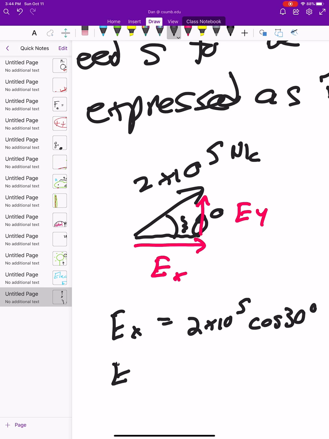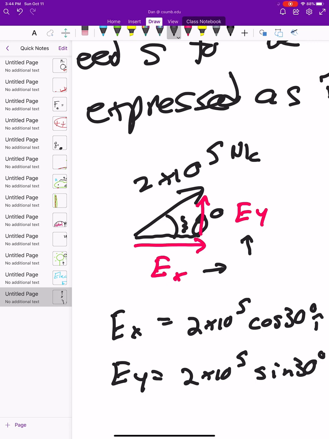Both of these, I would argue, in this case are going to be positive because x points to the right and y points up. But we need to be able to account for the fact that sometimes we'll have to put a negative sign in front of them.